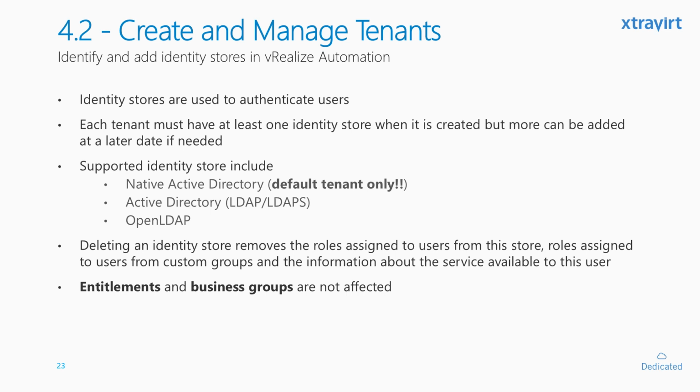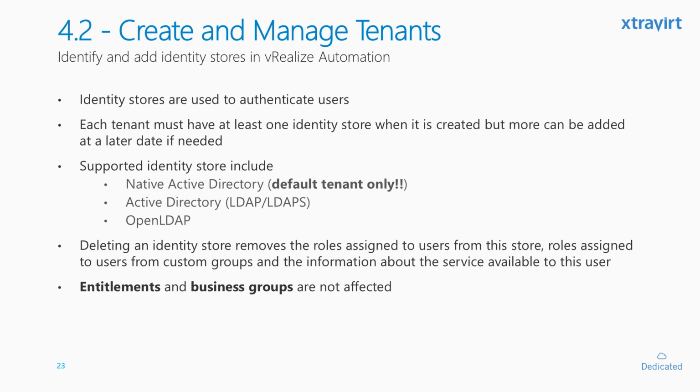So currently vRA supports 3 identity store types. You've got the native Active Directory. Now I've put it in bold here. This is only available for the default tenant. It will only work for the default tenant.